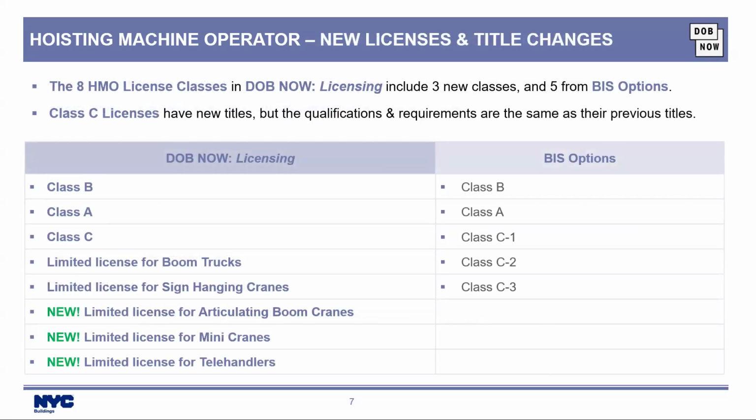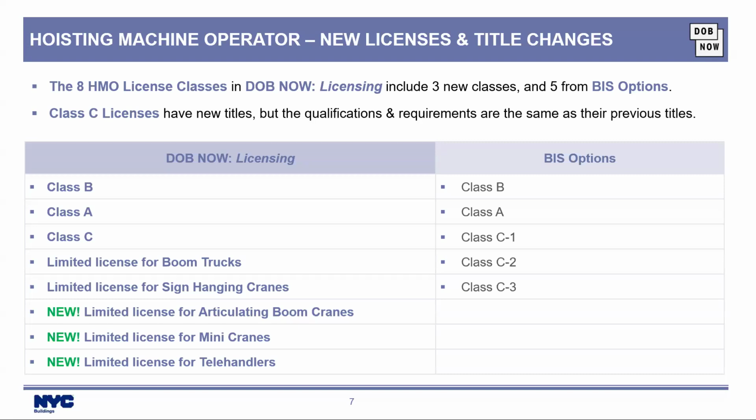So in DOB Now licensing, there are 8 HMO license classes, and that includes the 3 new limited licenses and the 5 originally that were in BIS Options. Now, we have changed the name of some of these. So in BIS Options, there was Class B, Class A, and then Class C1, Class C2, and Class C3.